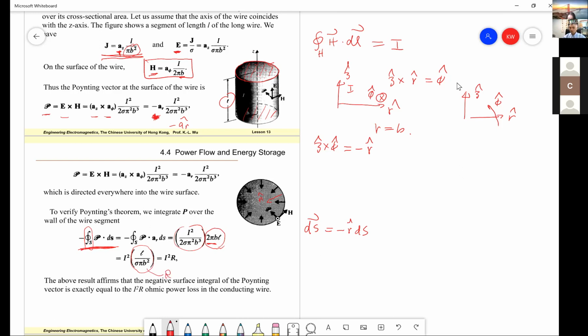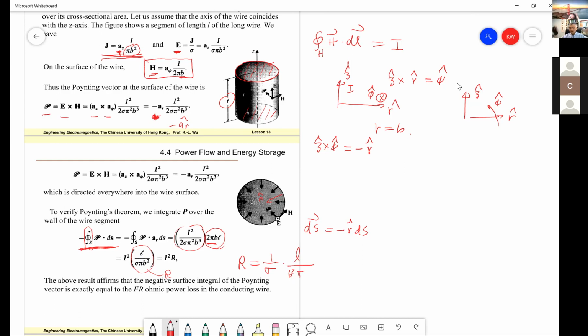What is the resistance? The resistivity is 1/sigma, and the resistance is proportional to the length of the cylinder and inversely proportional to the cross section. The cross section of this cylinder is pi b squared.